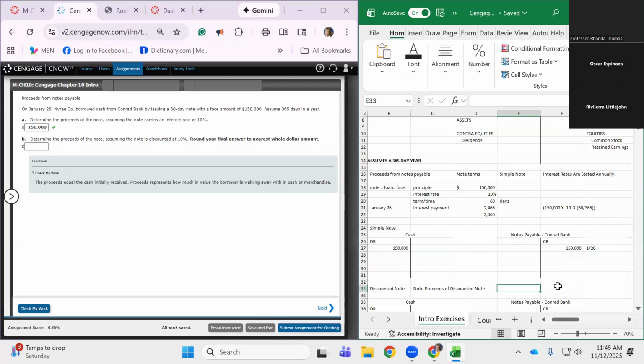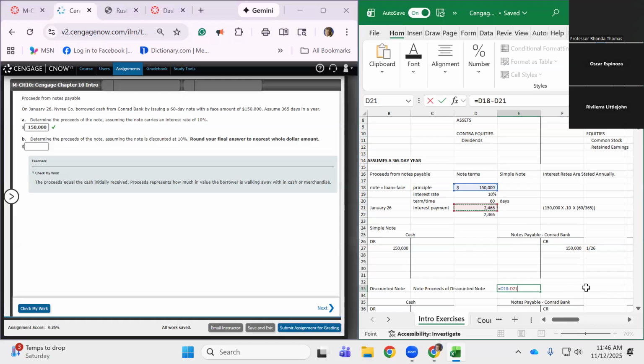So you do find the interest just like that. So the loan proceeds are $150,000, so equals $150,000 minus the interest, okay? We found the interest payment.